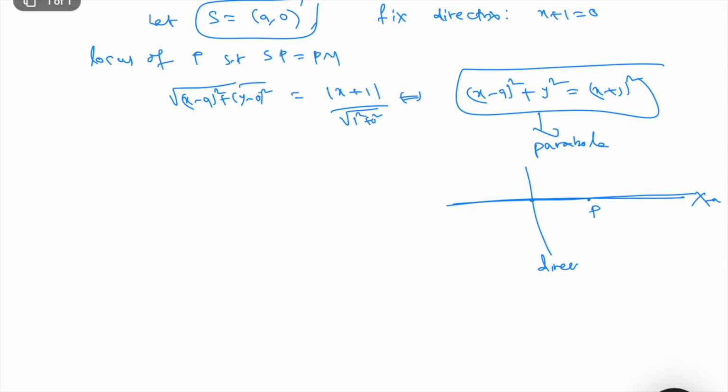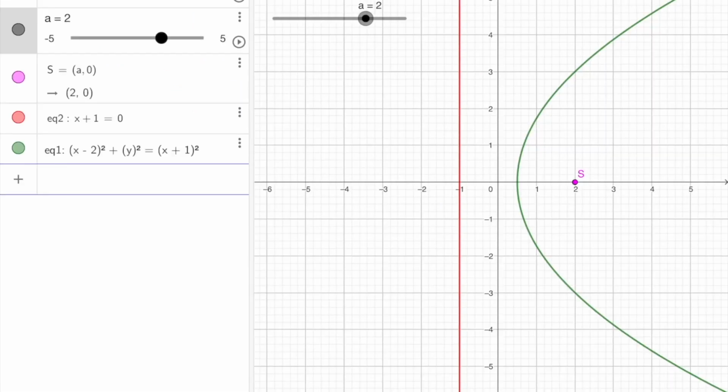If I take any P here, and this is S, then SP is this one, and if I take the foot of the perpendicular from P to this directrix, that is M. So obviously SP equal to PM happens only for points on this x-axis. So in that case, the locus is going to be a straight line. Okay, fine. Let me show you this.